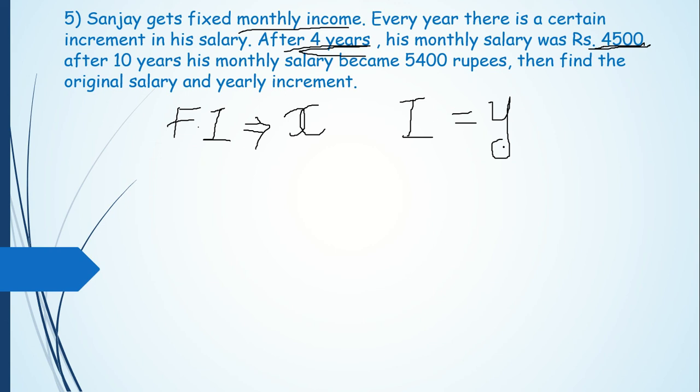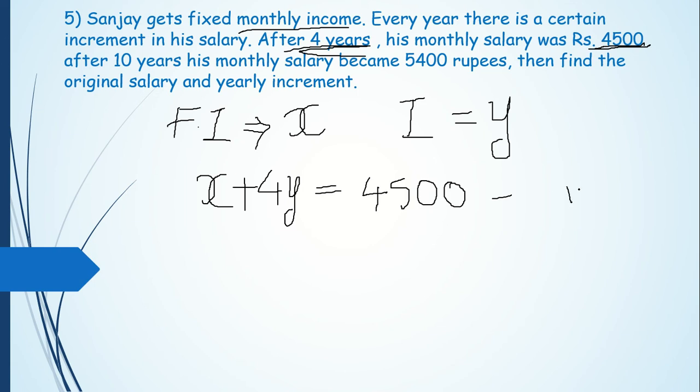So after 4 years his salary is the fixed income he was given, plus 4 times the increment, x plus 4y, that equals 4,500. This is equation number 1.